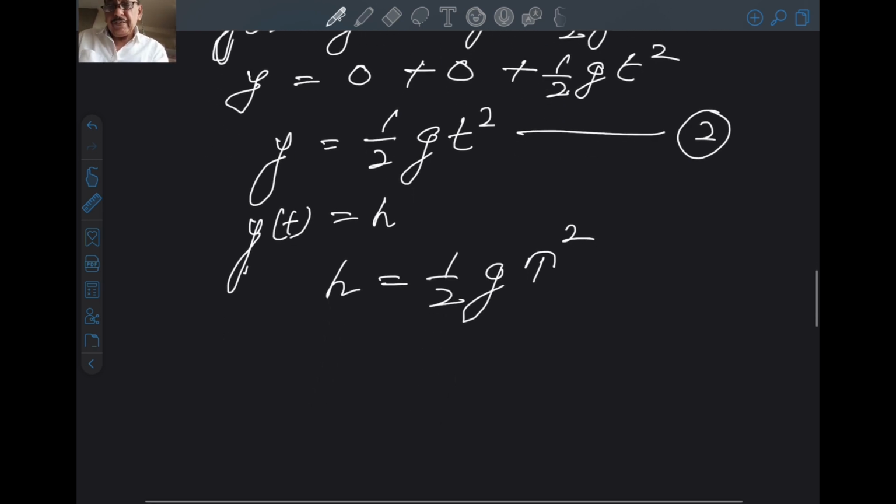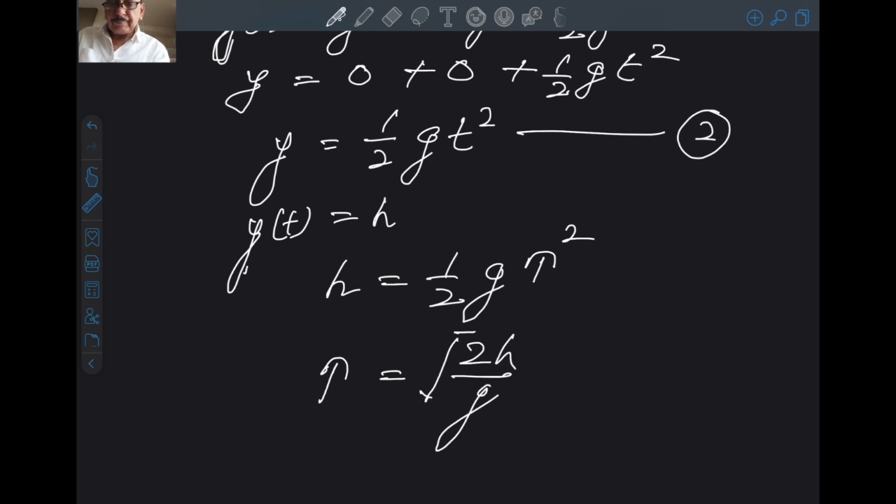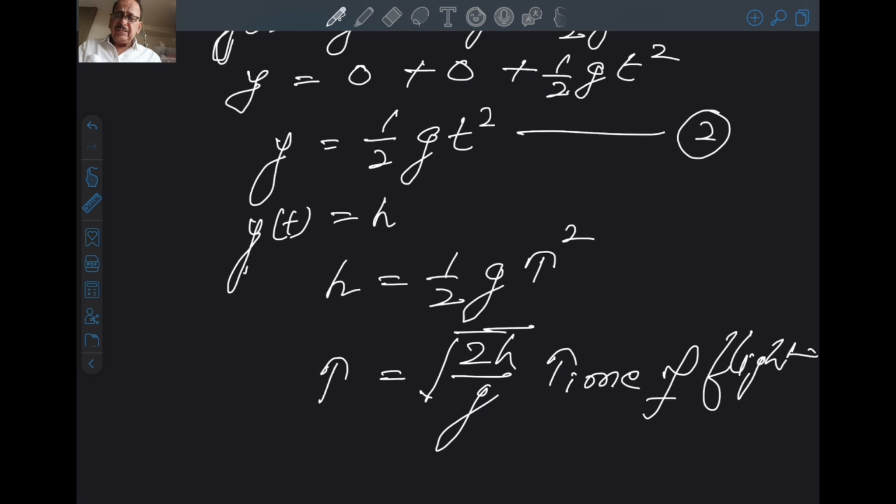So T becomes the square root of 2h upon g. This is called the time of flight. What is the meaning of it? In this duration the object will move, and when it comes to the ground, its time becomes capital T. This is the time of flight.